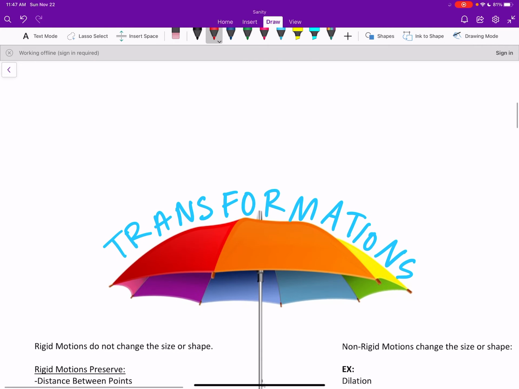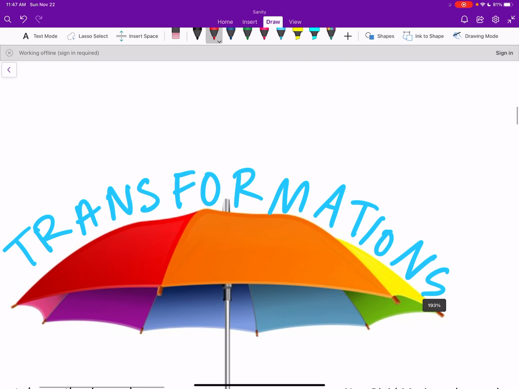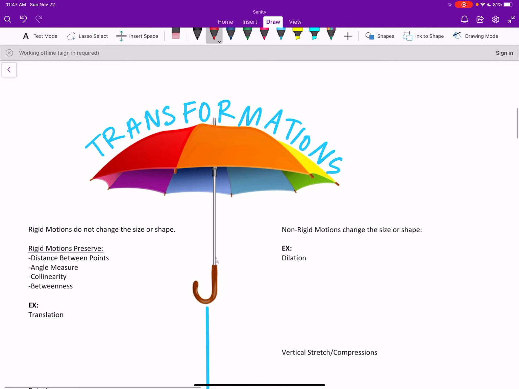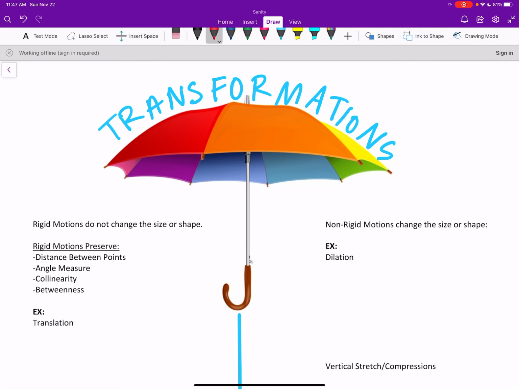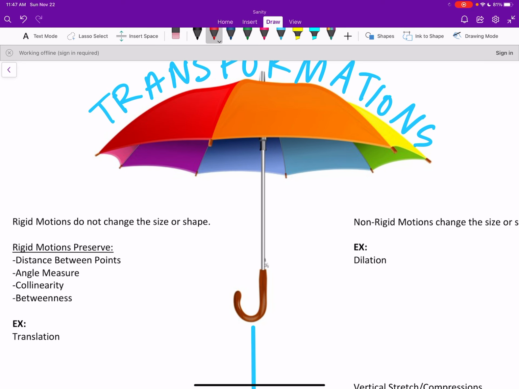Okay, underneath the umbrella of transformations, we're going to talk about rigid and non-rigid motions. And chapter 5 is going to focus more on the rigid motions, but I do want to describe what exactly these mean. So I know there's a lot down here, but just bear with me. Rigid motions do not change the size or shape of a figure.